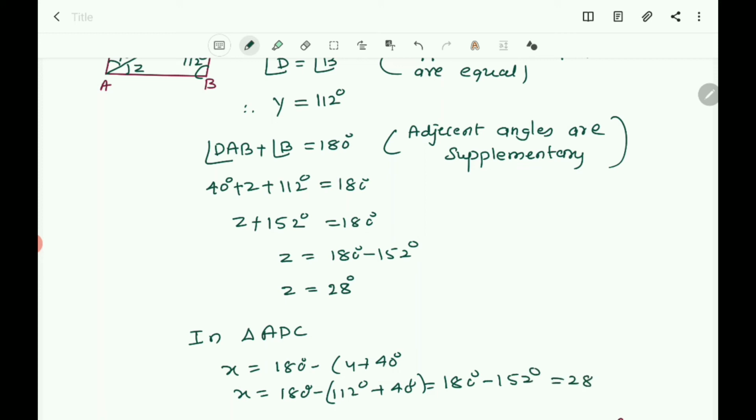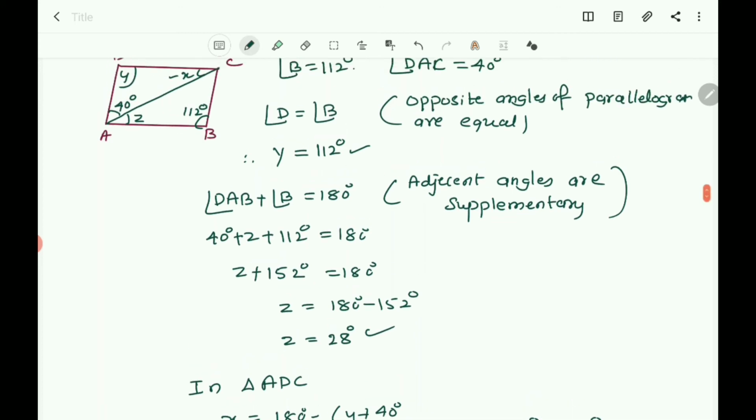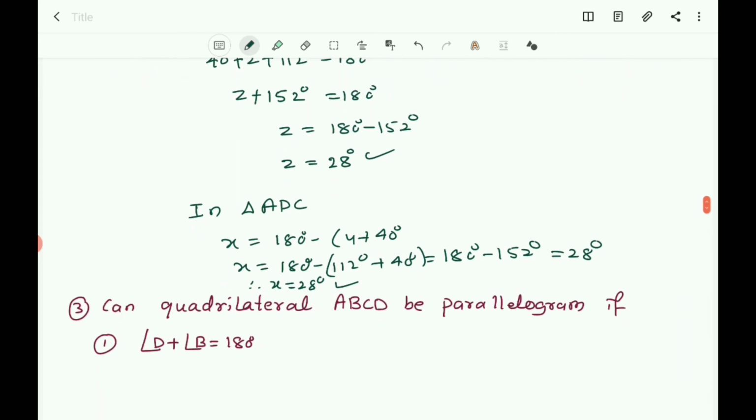That must be equal to 28 degrees. Therefore x is equal to 28 degrees. In this way you got the values of x, y and z. y is 112 degrees, z is 28 degrees, x is also 28 degrees.